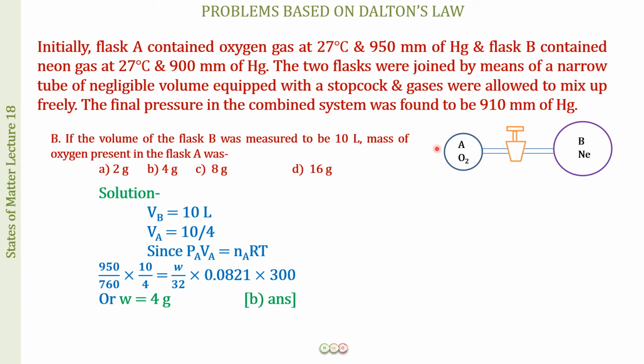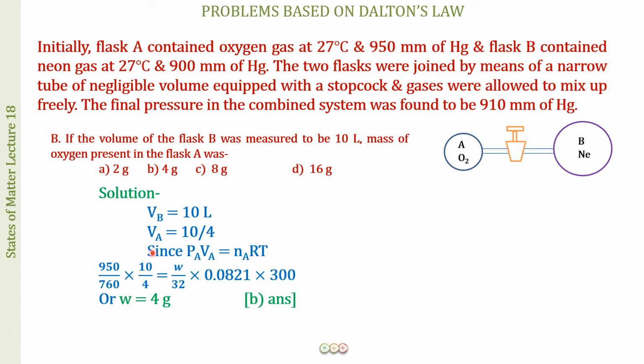So when we find that out, what we have is the pressure, which was because of oxygen, multiplied by the volume of this vessel, equal to nRT. So number of moles of oxygen multiplied by the gas constant multiplied by the temperature.